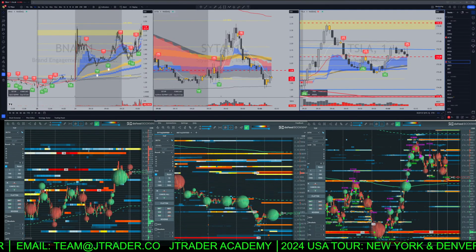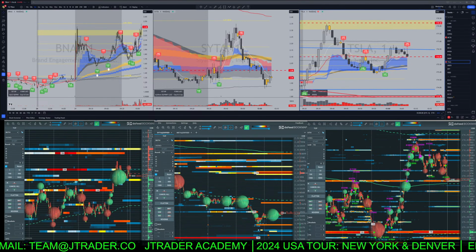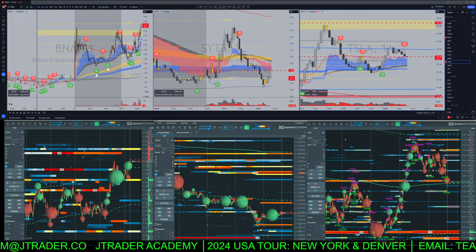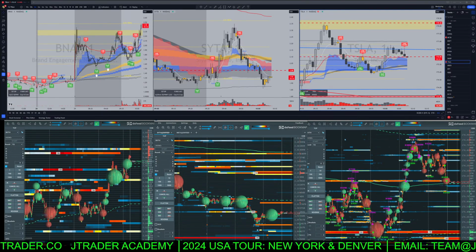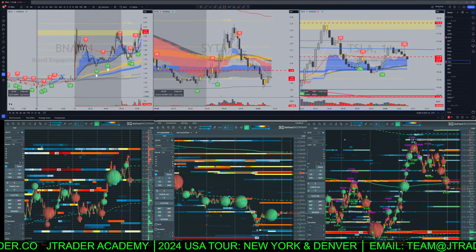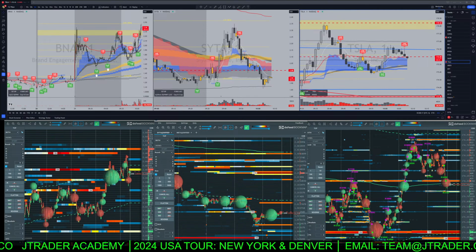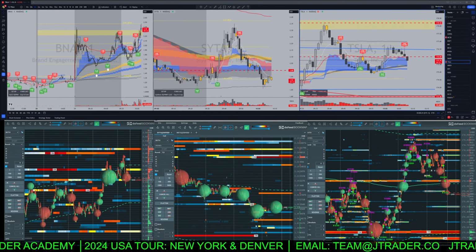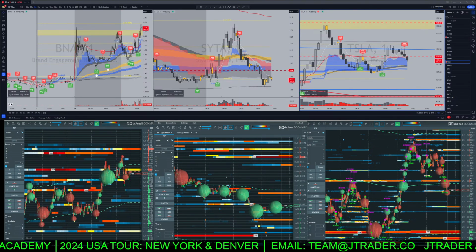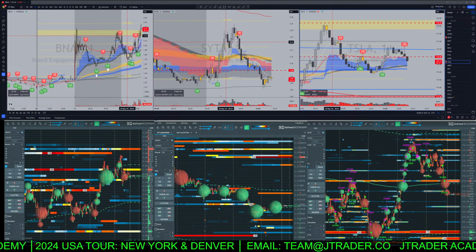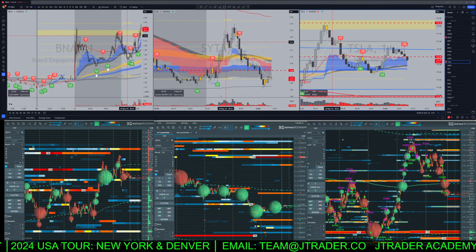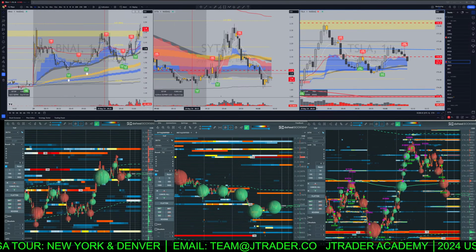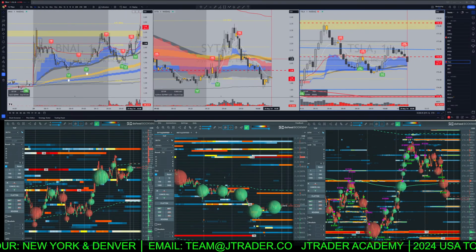Look at that volume, how they're propping over here. So the tape over here is stalling, but remember there's still a high volume over here to push it.